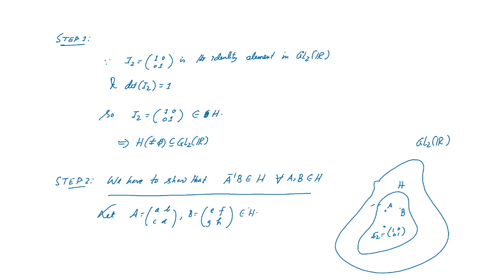Both belong to H. Since they belong to H, they obviously belong to GL2(R), and determinant of A equals 1 and determinant of B equals 1.